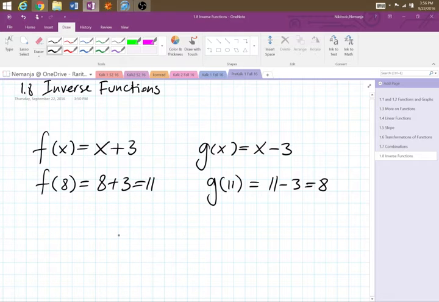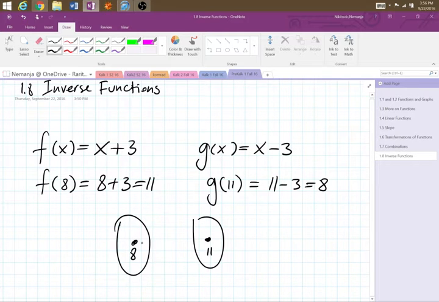I can draw that on the diagram like this. Pick value 8 over here, pick value 11 over here, and say, if I apply function f on 8, I will get 11. But then if I apply function g on 11, I will get 8 back. So this type of property, where you have this kind of correspondence between the pairs, is called the inverse function.